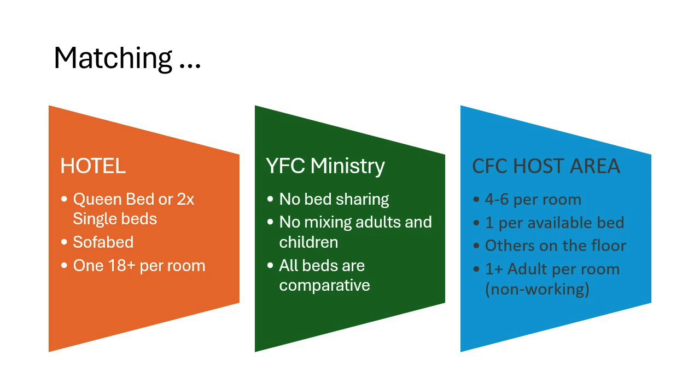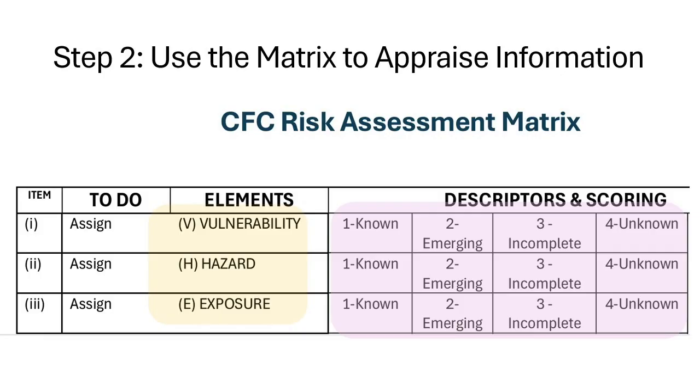The CFC host area has agreed to position one non-working adult conference participant, coordinator, local member, to share each bedroom with unaccompanied YFC children under 18 and other adult YFC attendees. They're putting 4 to 6 in a room, and it's a potluck bed allocation.